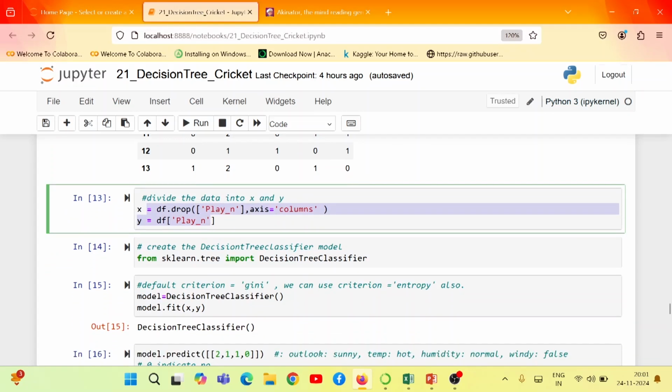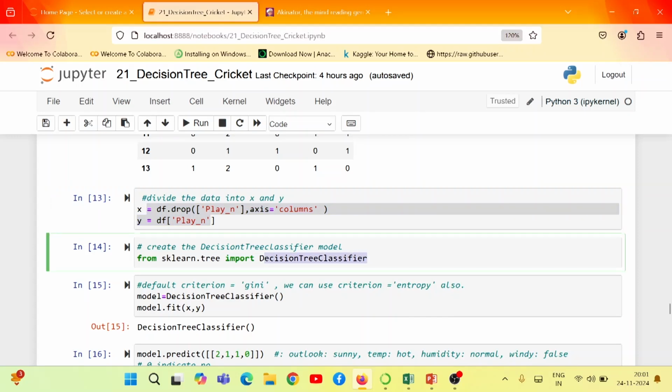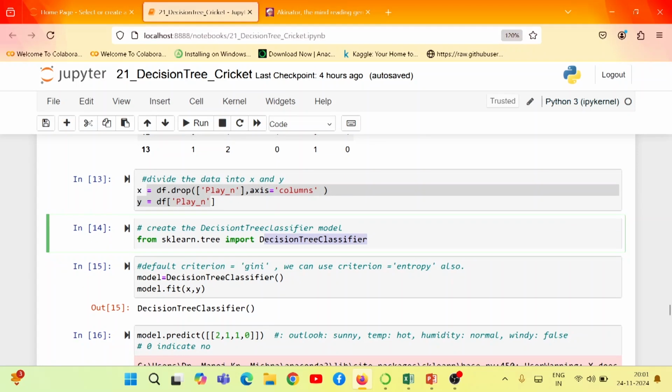Now since this data is ready for the model, we can apply the decision tree classifier model on this data set. So let us create a decision tree by creating an object of the DecisionTreeClassifier class, right? So that model we have created, and now we have trained the model. Here we have given nothing, so the default criterion is Gini.